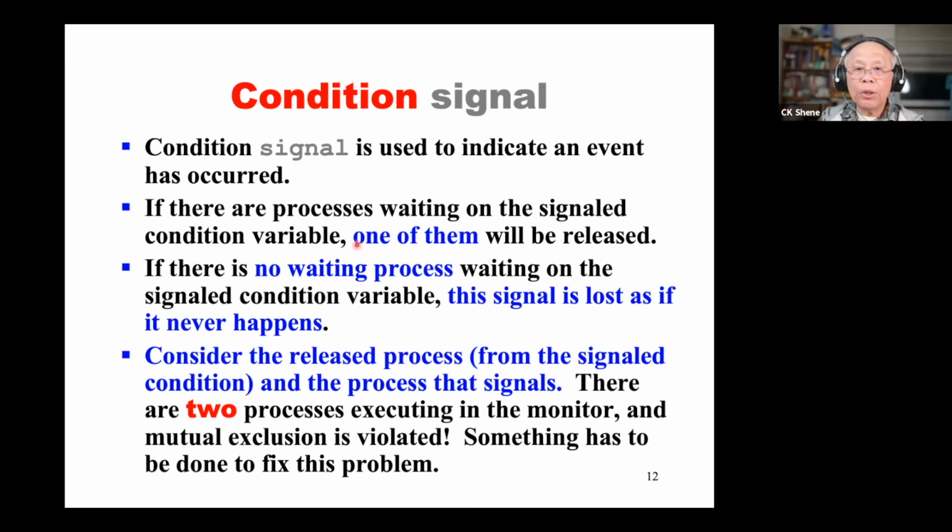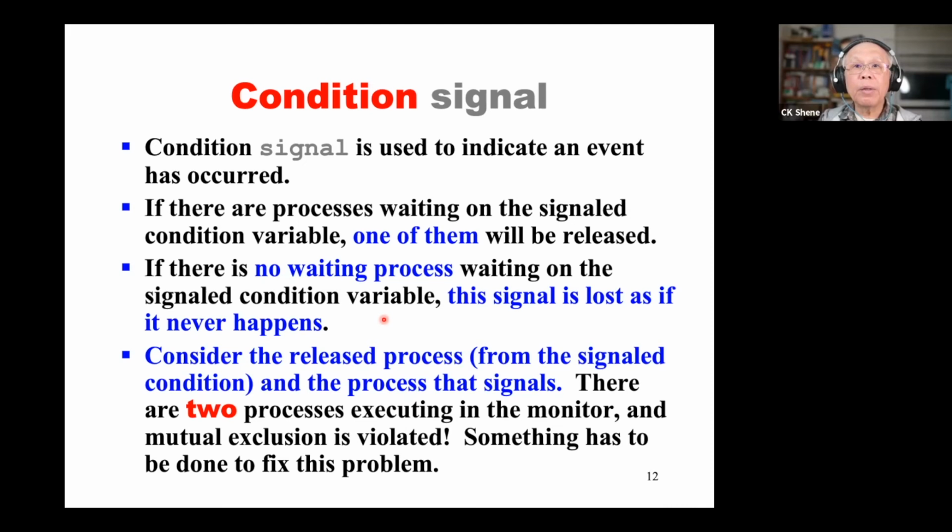So these two are very different from what you have learned from semaphores. A semaphore uses a counter to keep track of how many threads are blocked inside a semaphore. But a condition variable has no such thing. It has no values. In other words, it's memoryless. Therefore, when you execute a condition signal, if someone is there, one of them will be released.